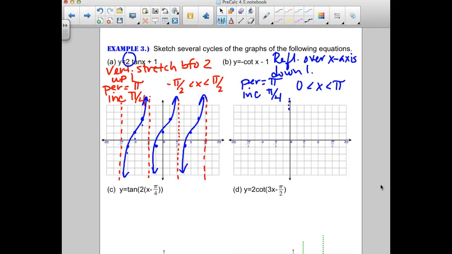Let's get our asymptotes drawn in. We need a couple cycles. We could do one more over here on the right, one on the left. Cotangent normally does what shape? Start high, twist low. But what are we doing to it?